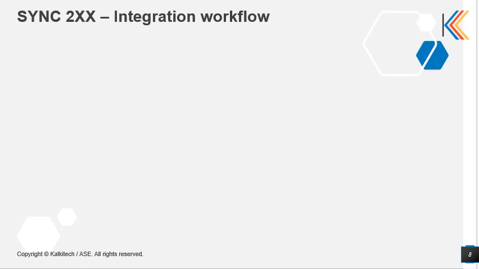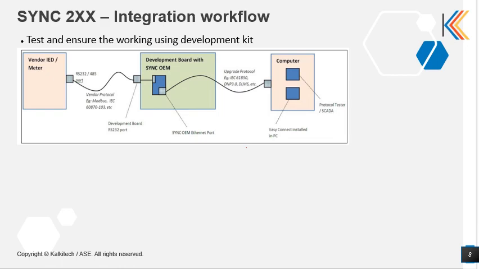Now we move on to the integration workflow of the 200 series. First, the development board needs to be purchased. It has an RS-232 RS-485 interface, and when you plug the OEM module onto it, you get an Ethernet interface.